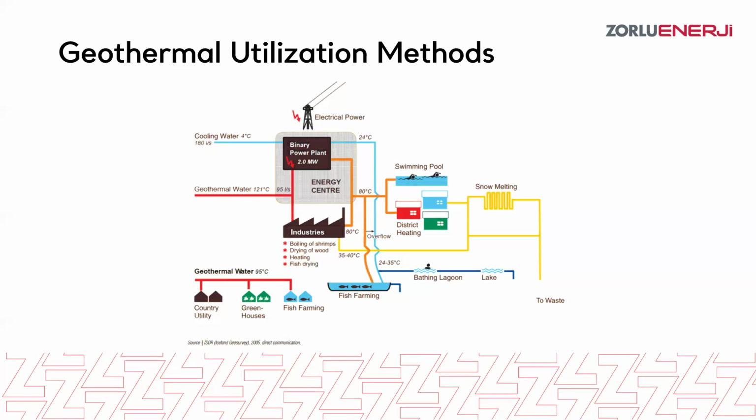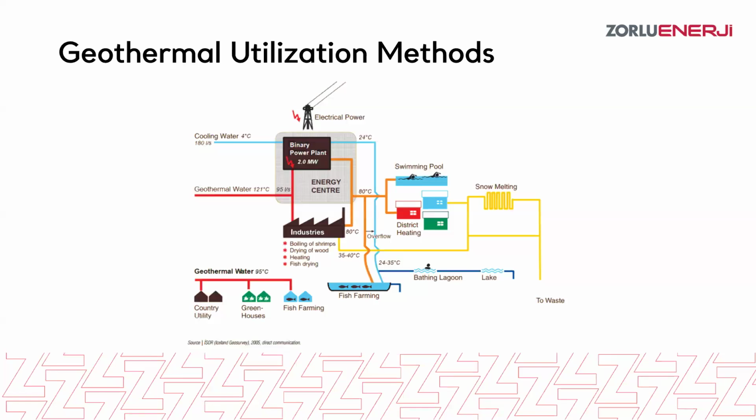In our field, we have three different geothermal power plants. In one of them, which is called Kızıldere 2 geothermal power plant, we have this kind of integrated system. We are producing electricity from the geothermal fluid that we gather from the wells.